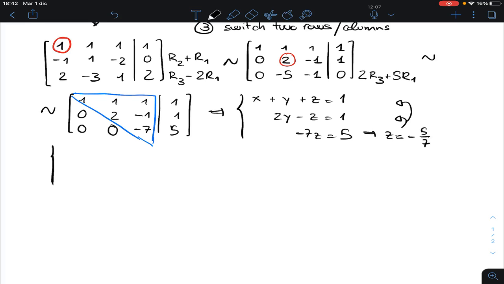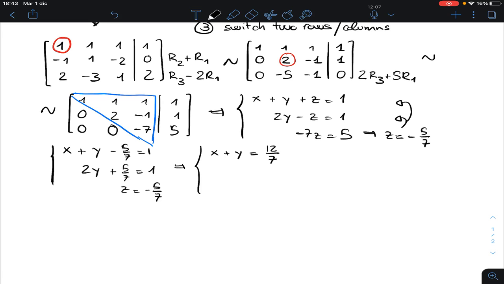So what we get is that x plus y minus 5 over 7 equals 1, 2y plus 5 over 7 equals 1, and z is minus 5 over 7. You do the calculations, and then you see that x plus y is 12 over 7, that y is 1 over 7, and that z is minus 5 over 7.